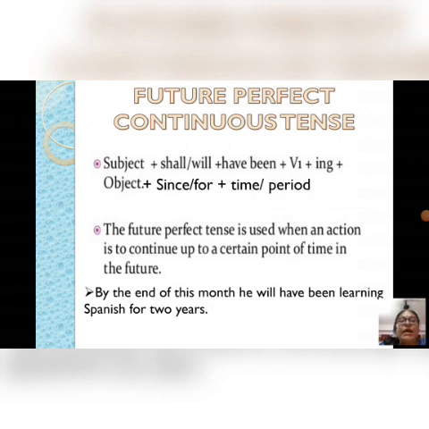First, we will write subject, then shall or will, plus have been, plus the ing form of the verb, plus object, plus since or for, because here the action will be continued for some time. So we have to use since or for, then time or period. Time here refers to the exact time, because with since we use exact time, point of time, and with for we use period of time.